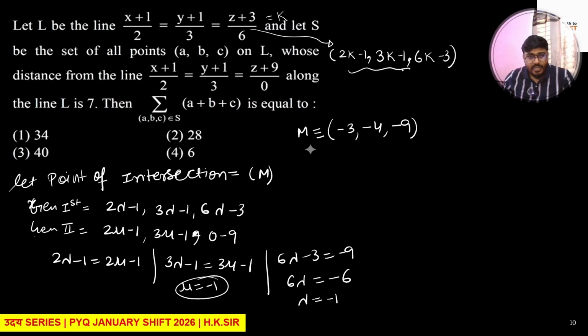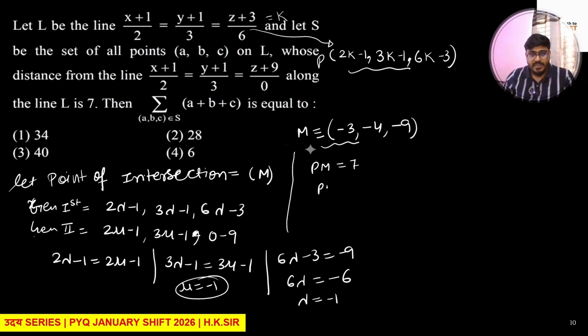From this point to this point, the distance given is 7. So use the distance formula. Let's suppose this point is P. So PM is 7.